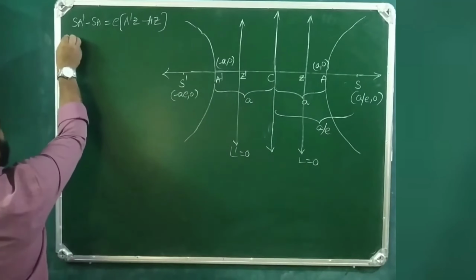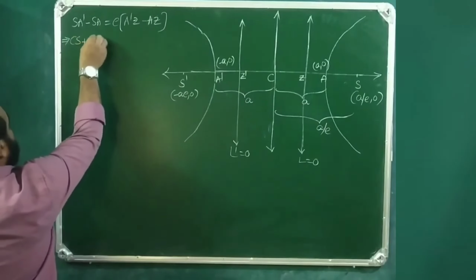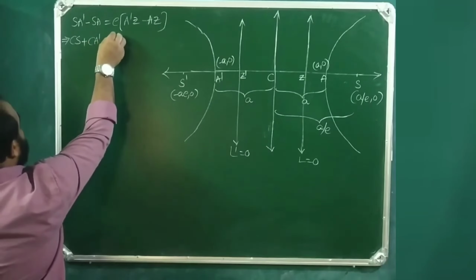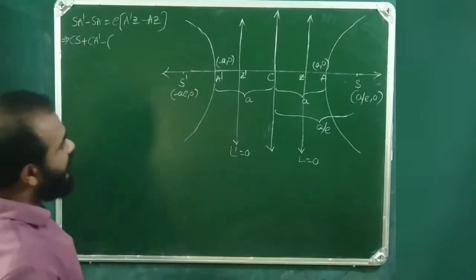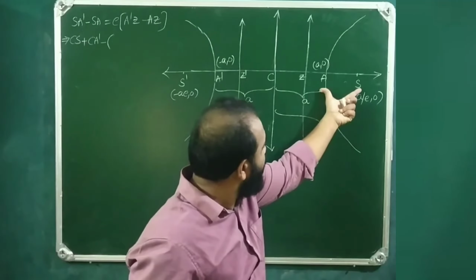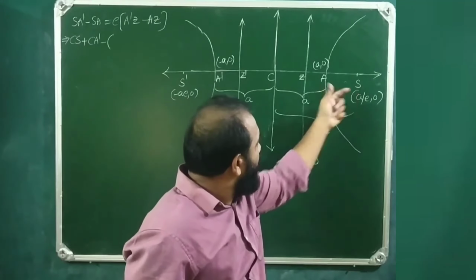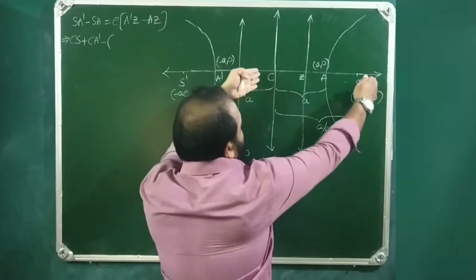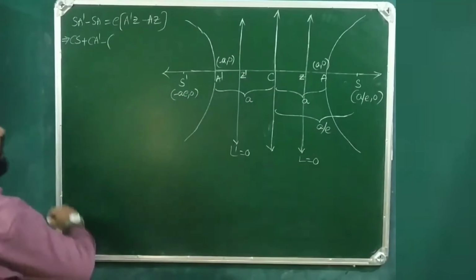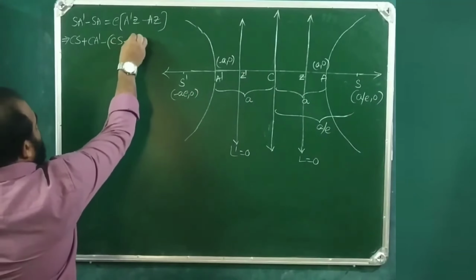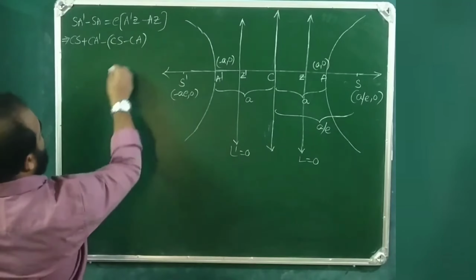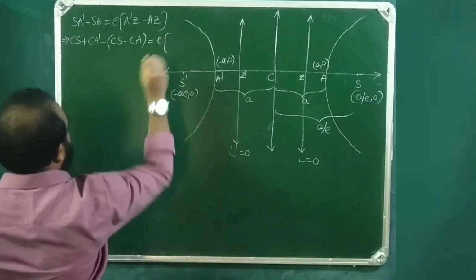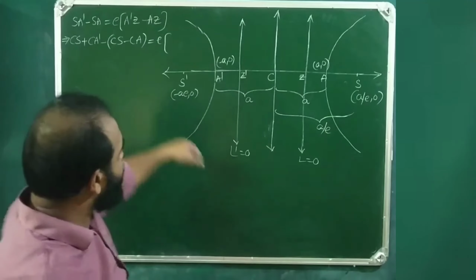This is CS plus CA dash minus SA, so total CS minus CA, cutting CA from CS, minus CA is equal to E into A dash Z.